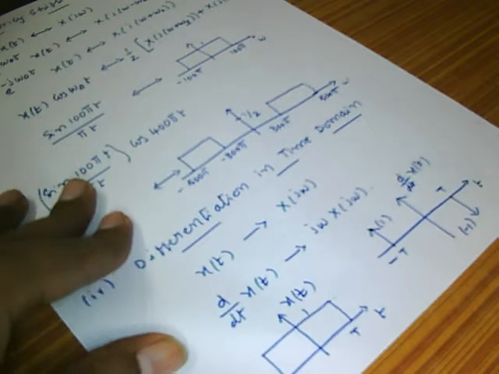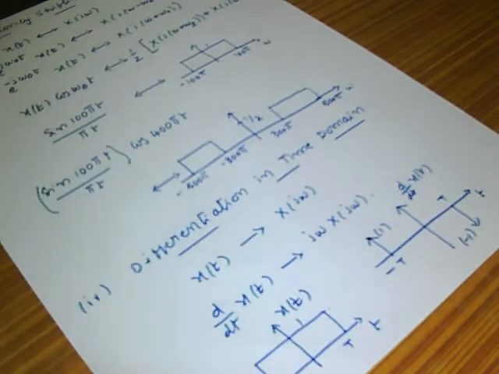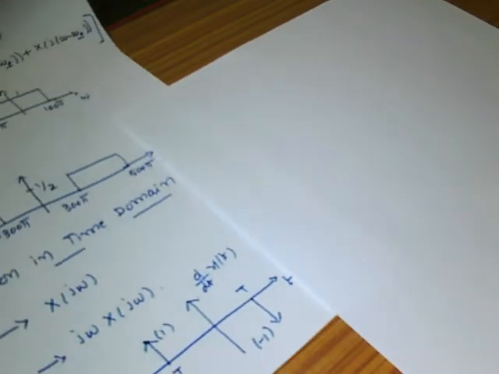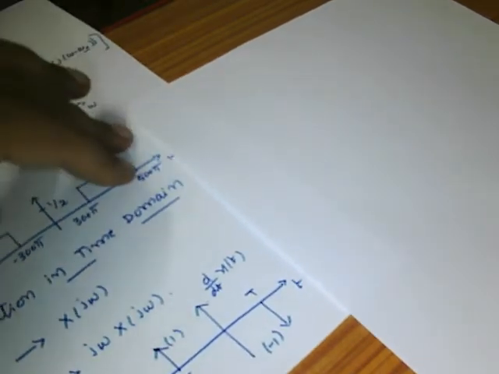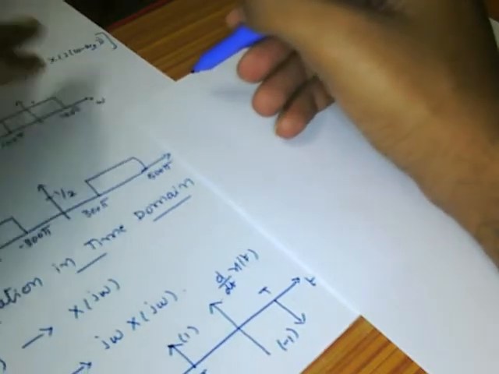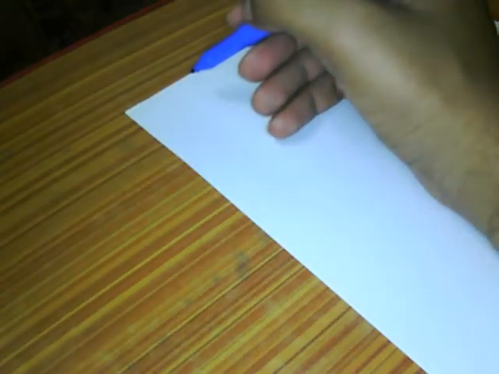Now if I take the Fourier transform of d by dt of x of t, how does that look? Let me write it in mathematical form.